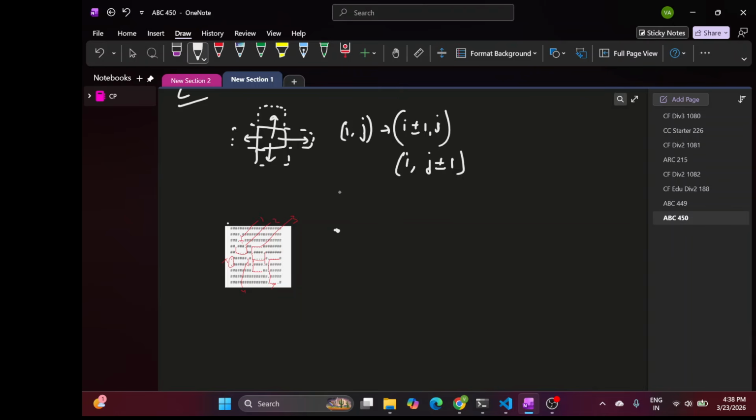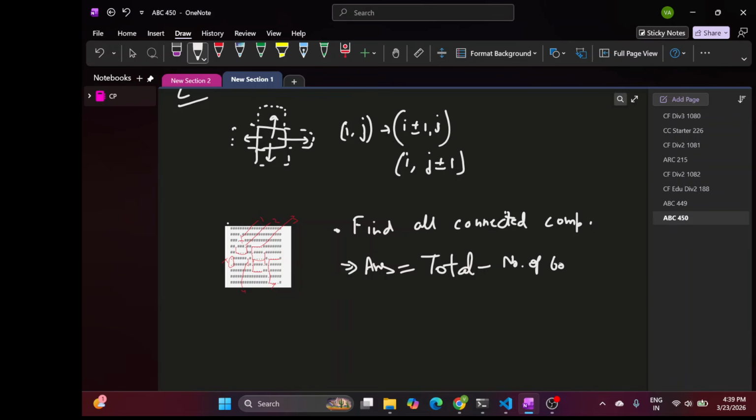First of all, find all connected components, and then the answer is equal to total minus the number of border components, right? And how will we differentiate the components?